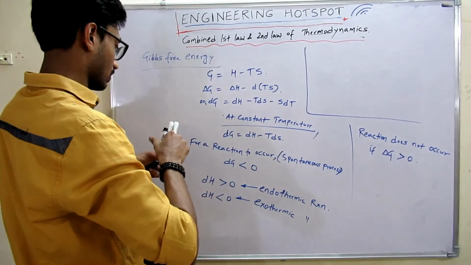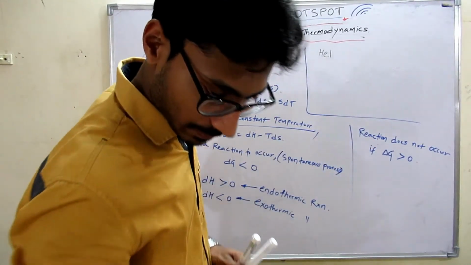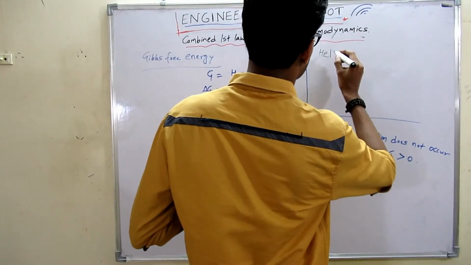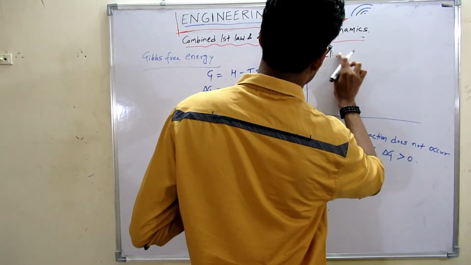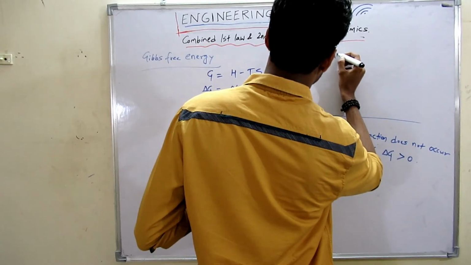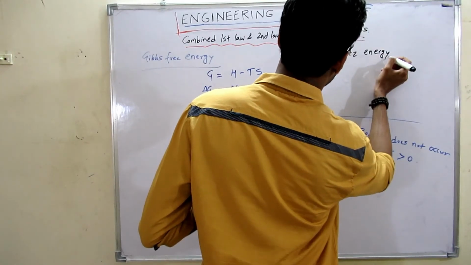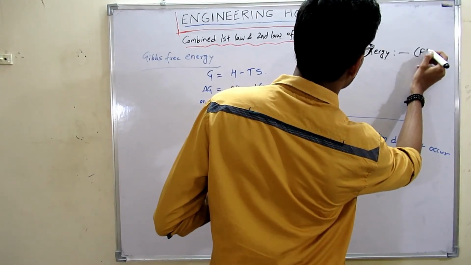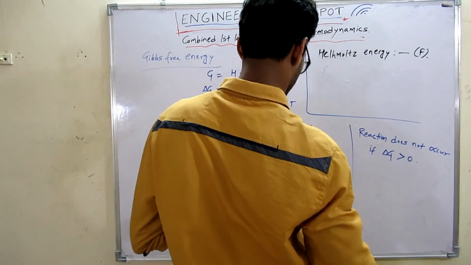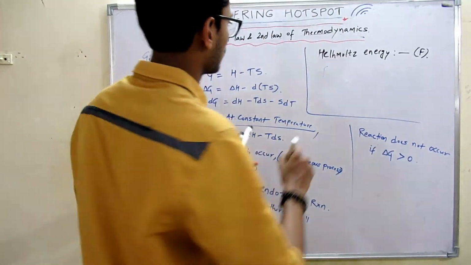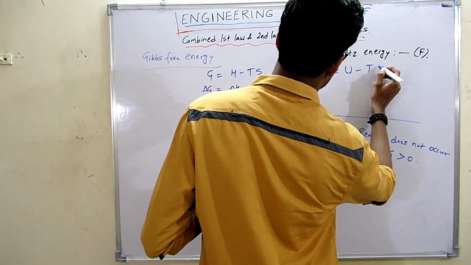There is one more term called Helmholtz energy. Helmholtz energy is given by F. The value of this F is equal to U minus TS.